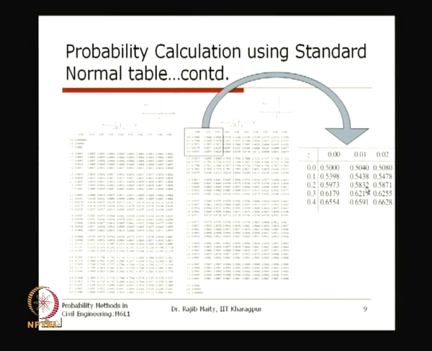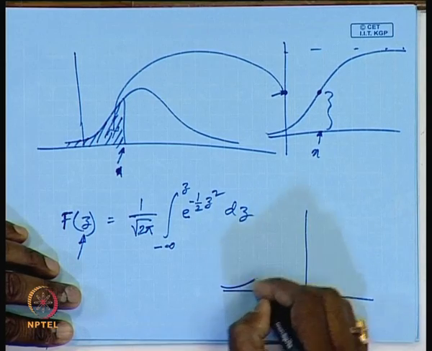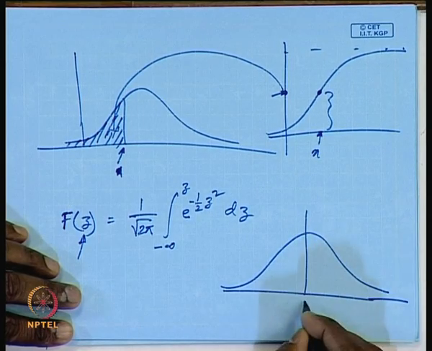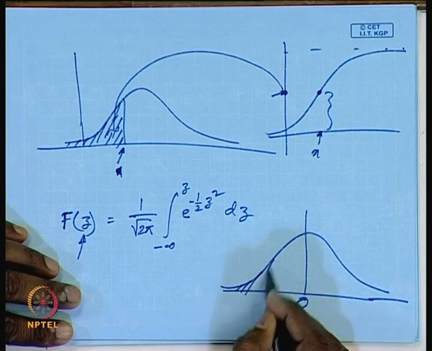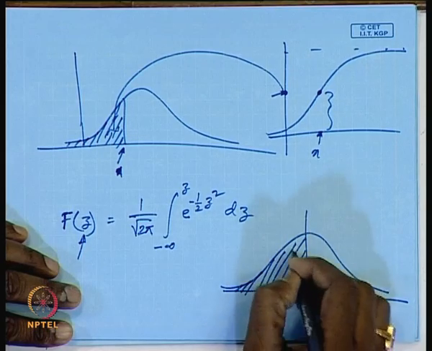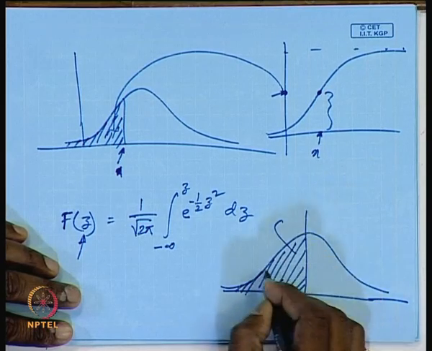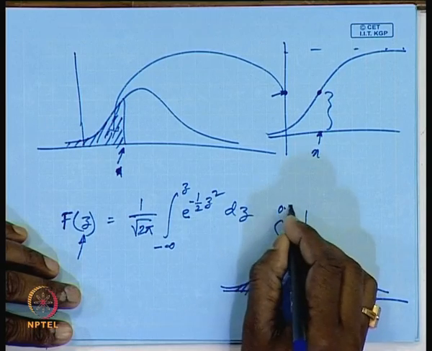Now from the symmetry, if this is the standard normal distribution, this is your 0, and as it is symmetric, the total area under this curve is 1, so up to this 0 it will be 0.5.